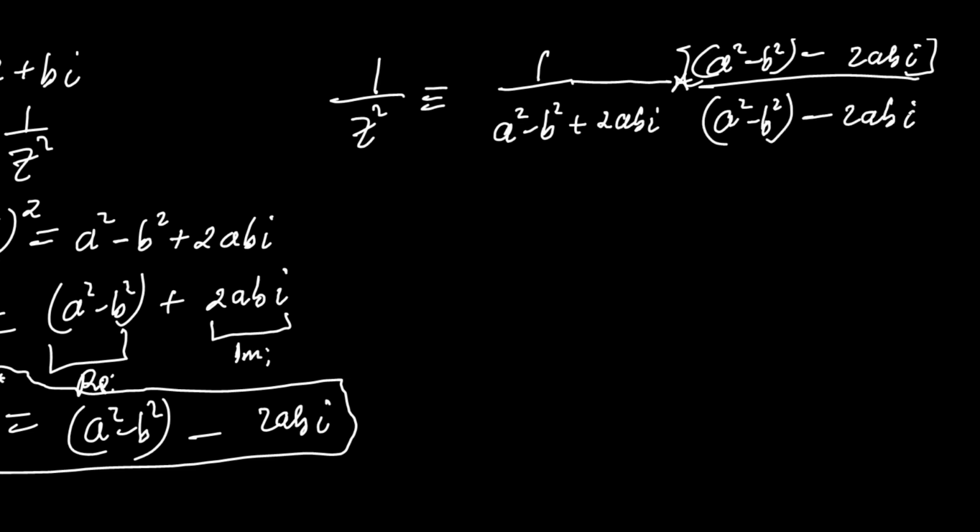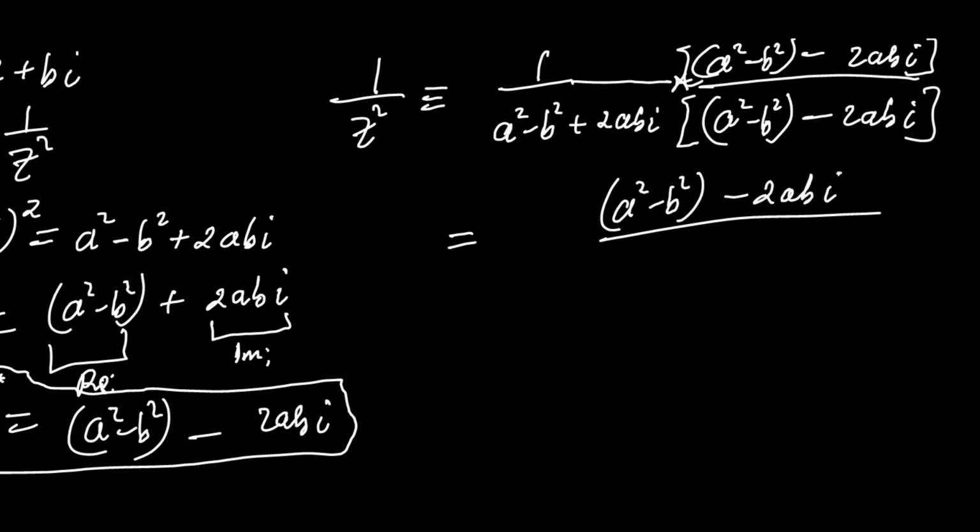We notice that we haven't changed anything in this complex number, because this cancels with this and it remains the same thing. Here 1 times that is going to give us, in the numerator, a squared minus b squared minus 2abi.